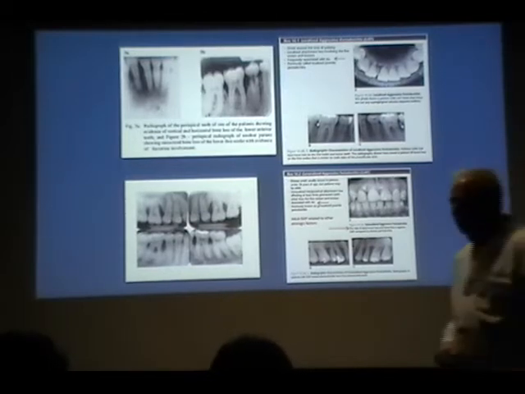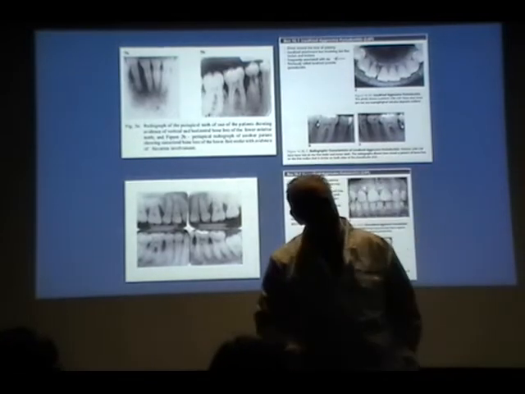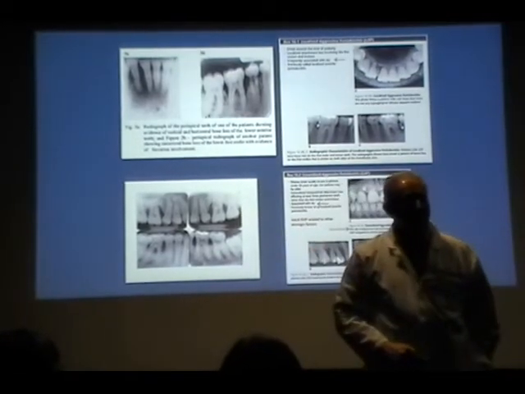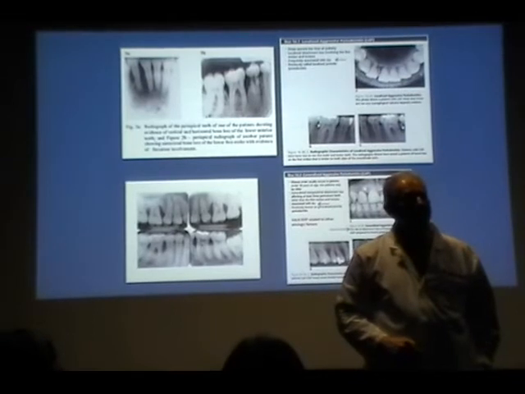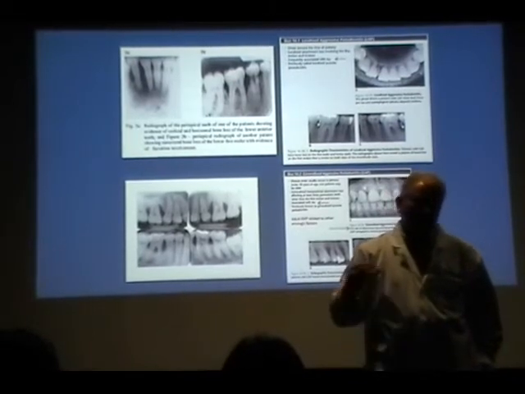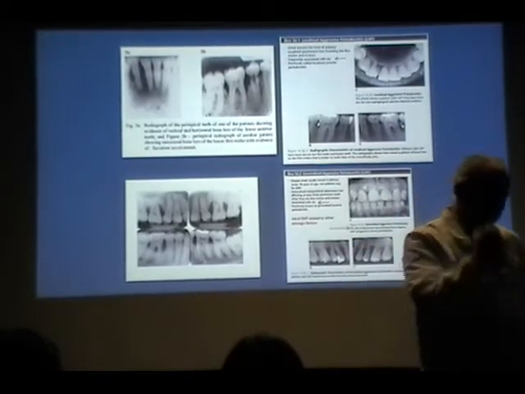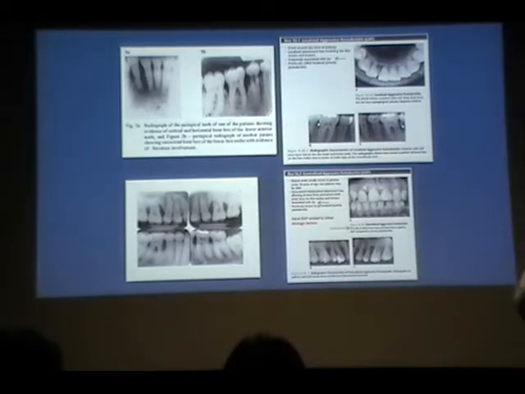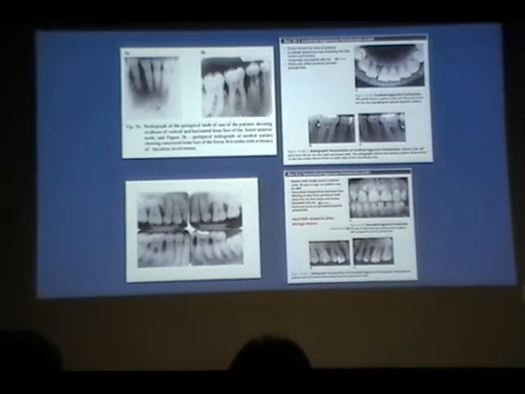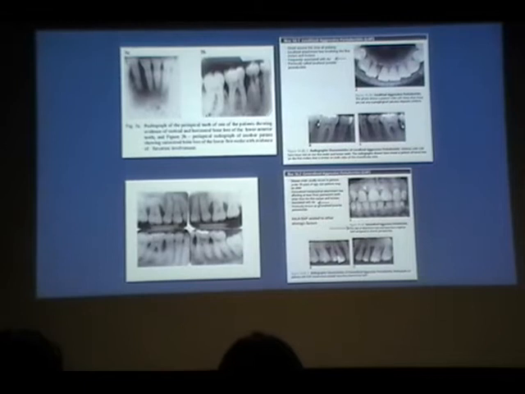I'm not convinced about what is being written in the literature about why it is. There's some stuff that came out of the University of Pennsylvania about the window of opportunity for an organism like AA to land in these particular areas, unique in the oral cavity of young children.